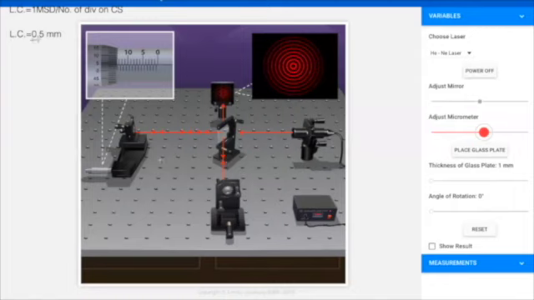So 0.5 divided by 50. How much will be our least count? Let us keep it in mm only. It is easier to write it as 0.01 mm.